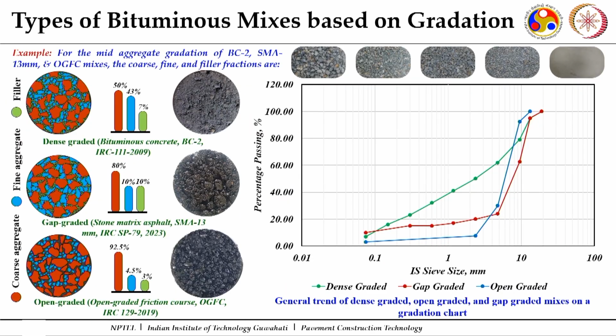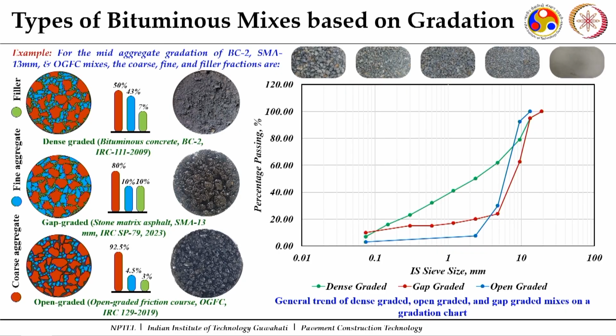So we mentioned that we have different categories of mixes falling under the base course requirement, the binder course requirement and the wearing course requirement. One classification normally for these bituminous bound mixes comes in terms of their denseness, and the denseness is on the basis of the aggregate gradation which is selected.